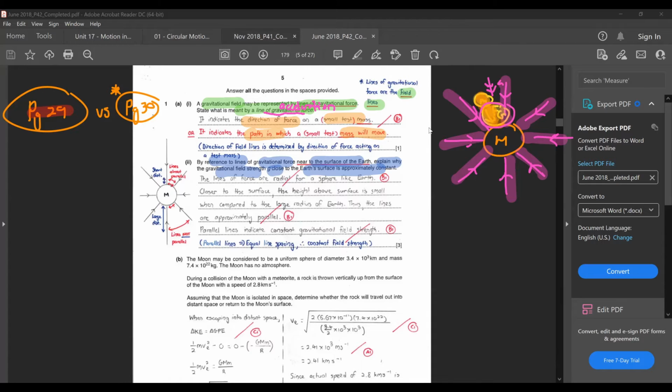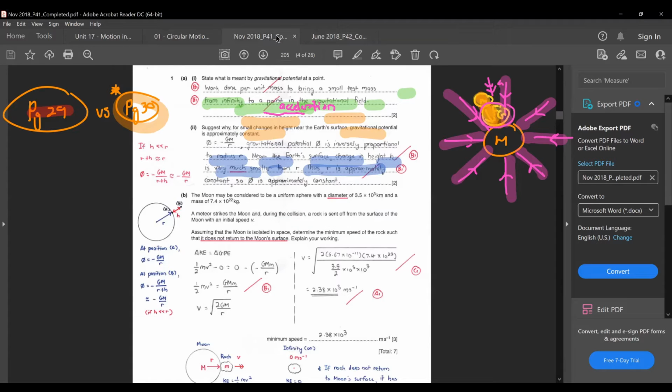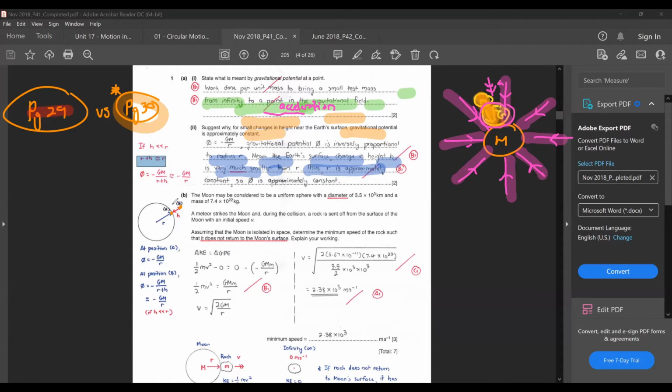Page 30, which you did in the last lesson last week, asked to suggest why, for small changes in height near the Earth's surface, gravitational potential is constant. We looked at the equation and said that because the small change in height is very much smaller than the radius of the Earth, R plus h is approximately equal to R itself. So if you compare two points near the Earth's surface, the potential will be constant. That was what we did in the previous lesson.